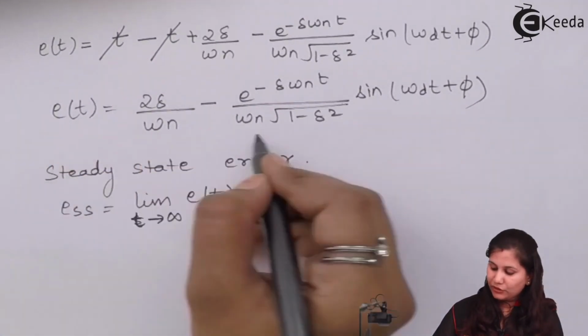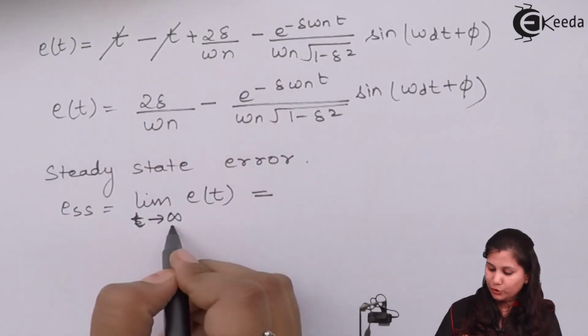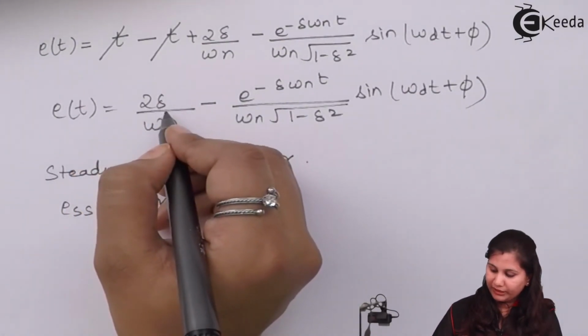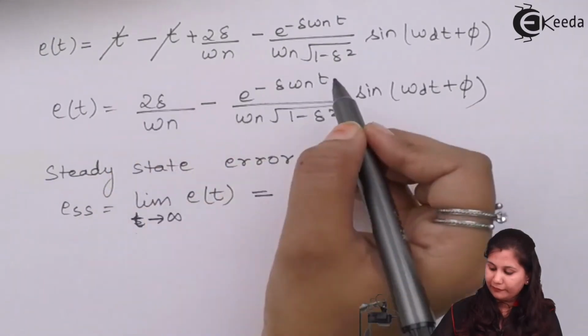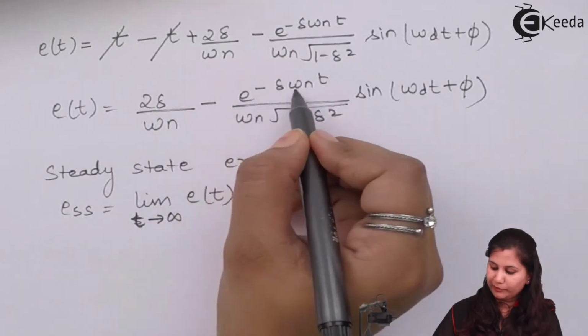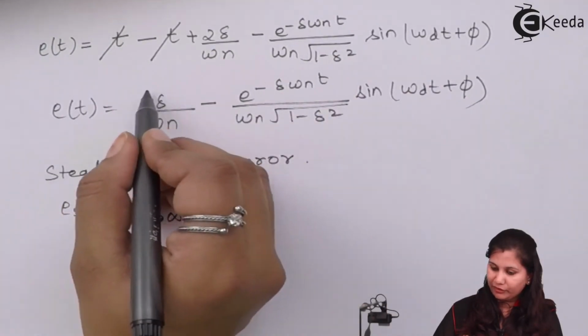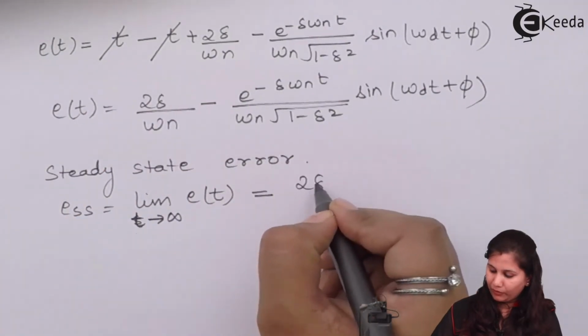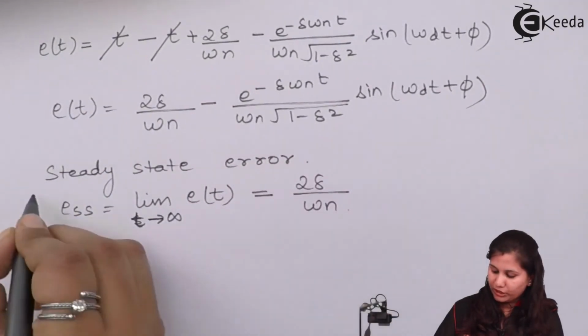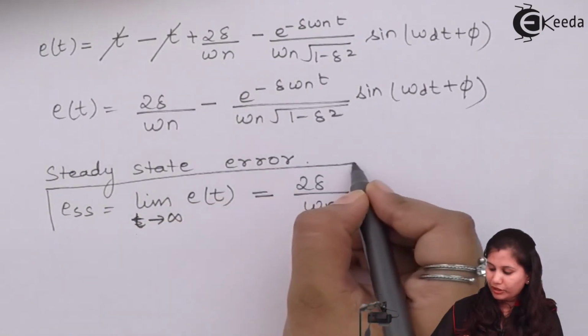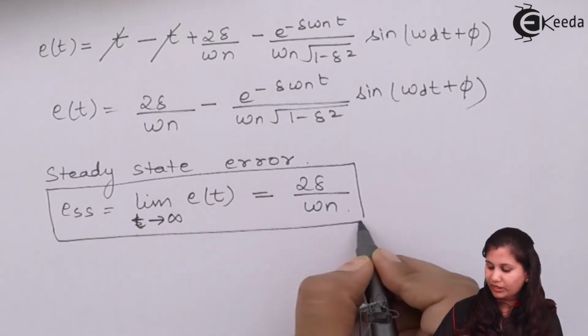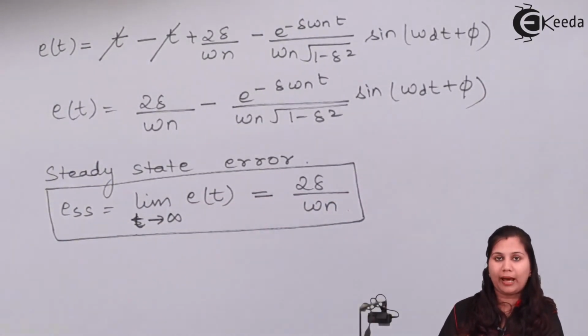So in this equation, if we put the limit t tends to infinity, what we will get? This exponential term, if t is infinity, will become 0. So we are left with only 2 del upon omega n. So this is the steady state error for a second order control system when the input is a unit ramp function.